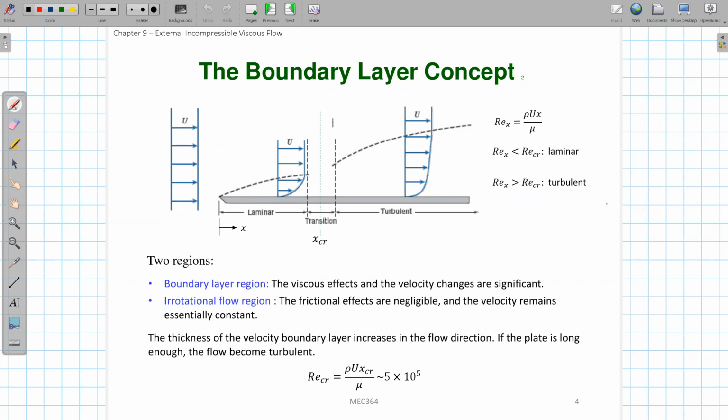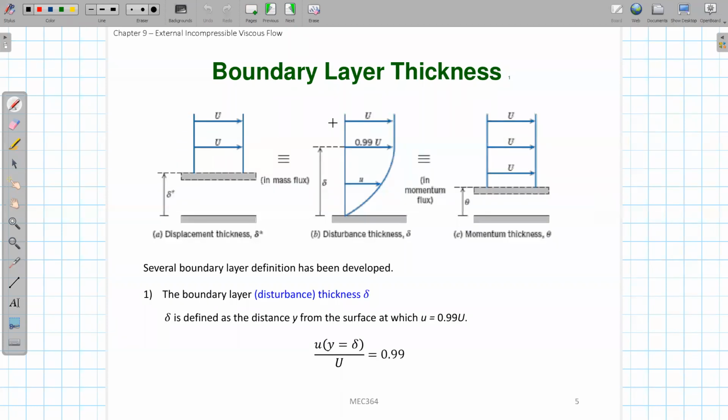We have several ways to define it. The most straightforward way is just using the velocity. From the boundary layer definition, inside the boundary layer we have the velocity gradient, and outside there is no velocity gradient; everywhere will be the free stream velocity.